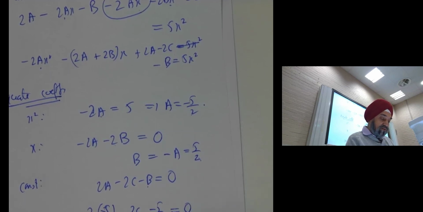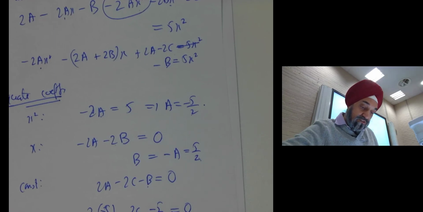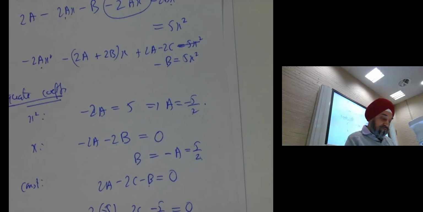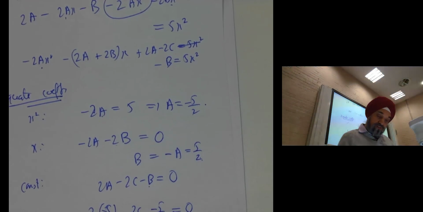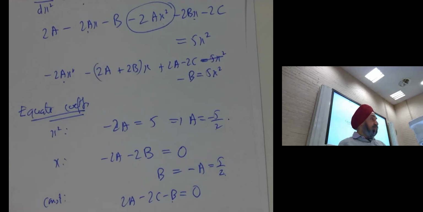Is equal to 0. You should be able to do it. You'll find that c is equal to minus 15 over 4. Or just put the values of a, b, and c in, and you can work out what c is, yeah?